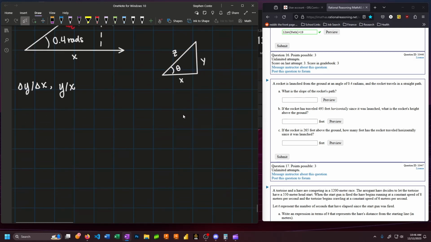If I want to figure out what y and x are, then I can take the tangent of theta, which is opposite over adjacent sides, if you know SOHCAHTOA.